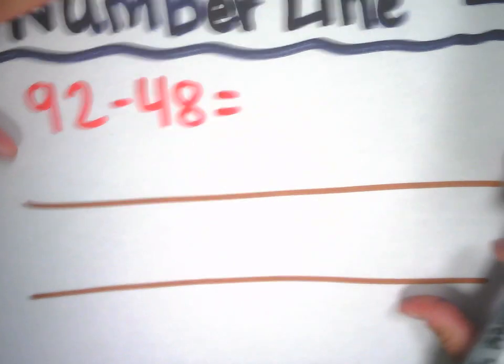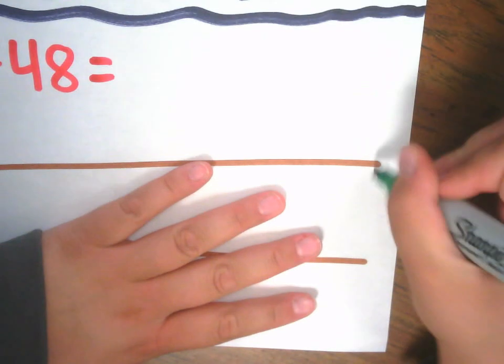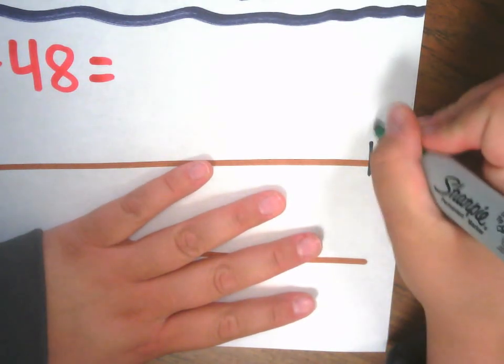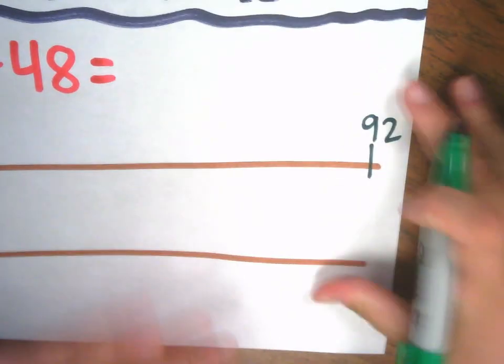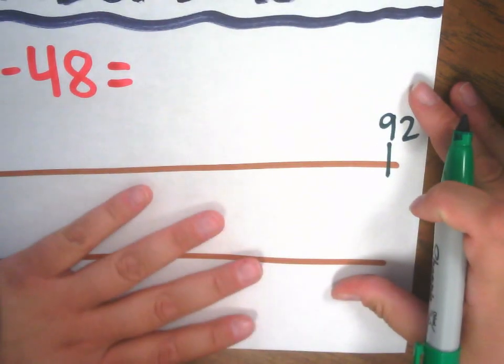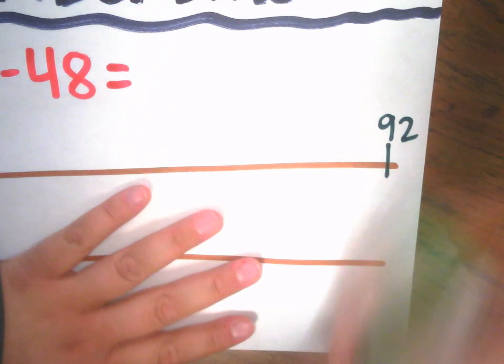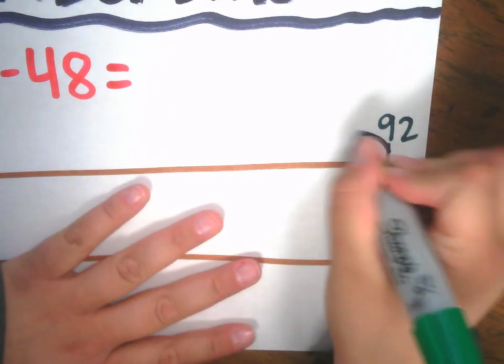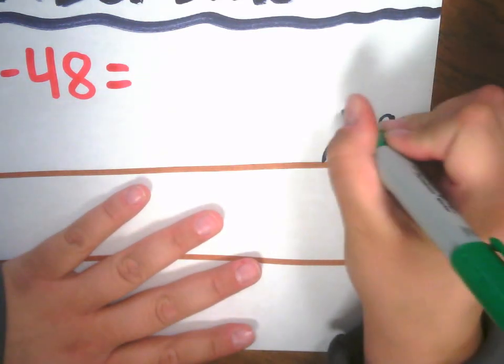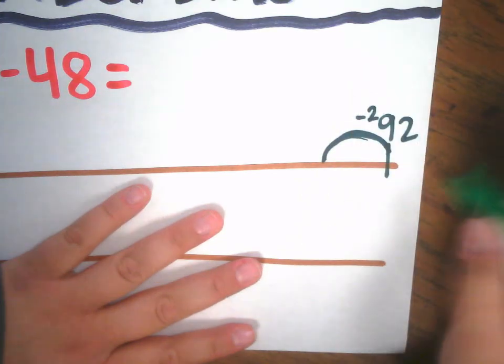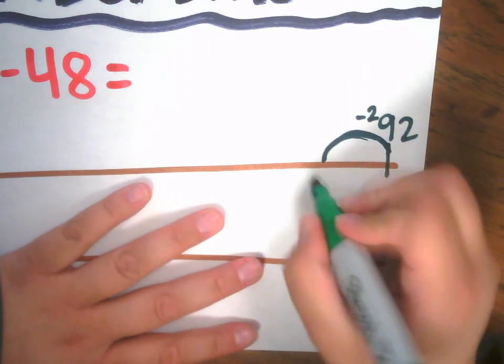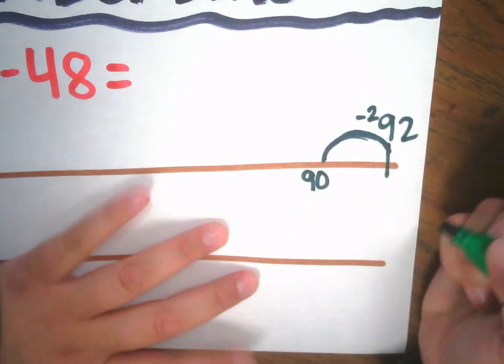So I'm going to start here. I'll start on this side. I will start at 92. If I'm taking away 48, I'm going to start by taking away my ones. So 92 minus 2, whoops, this is kind of hard. 92 minus 2 would be 90. I'm going to put the numbers down here.